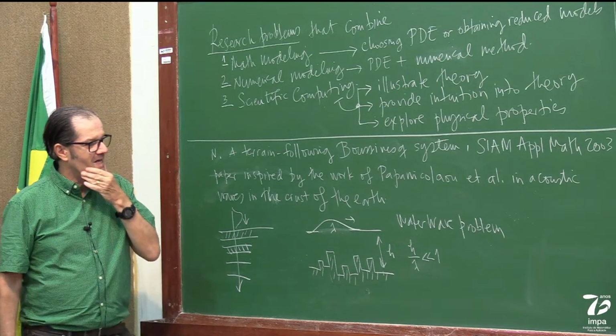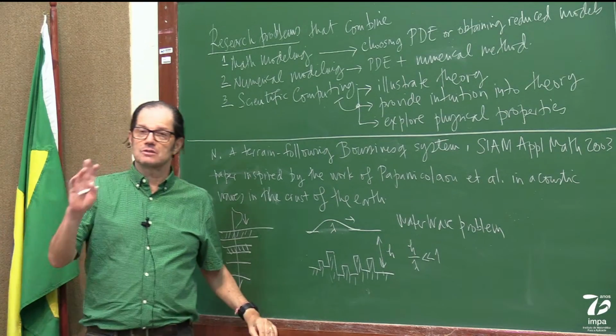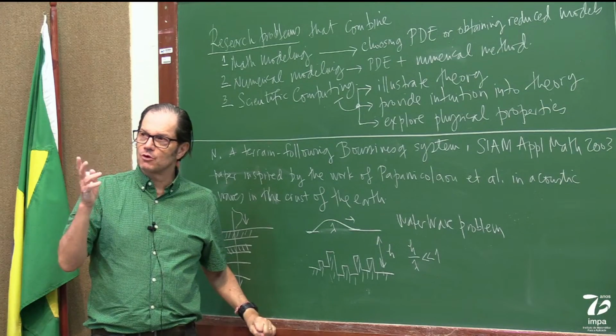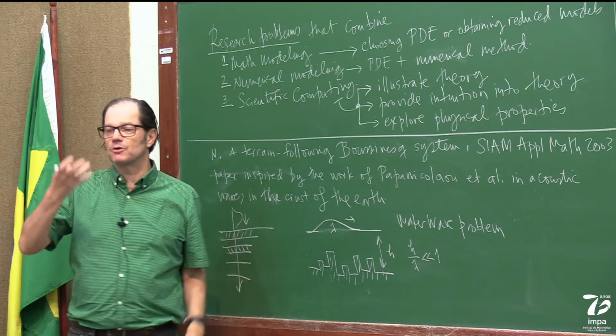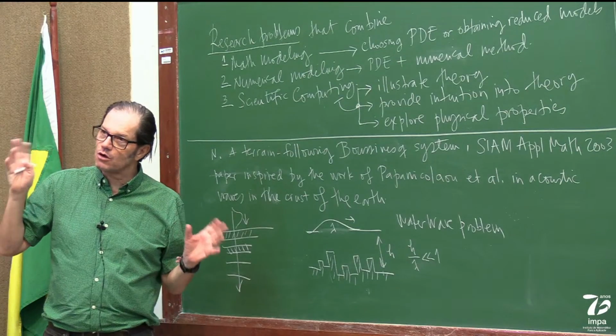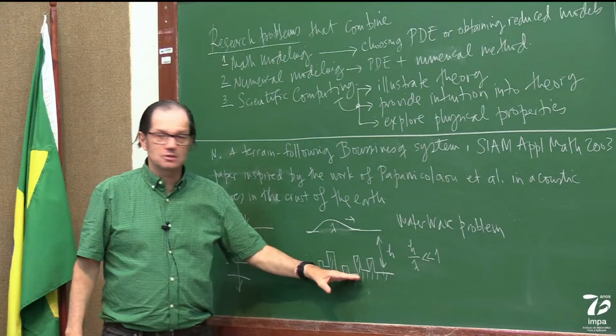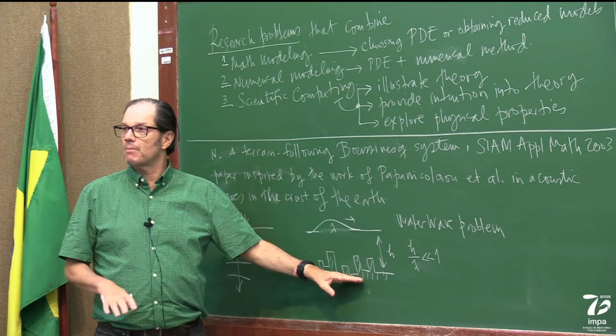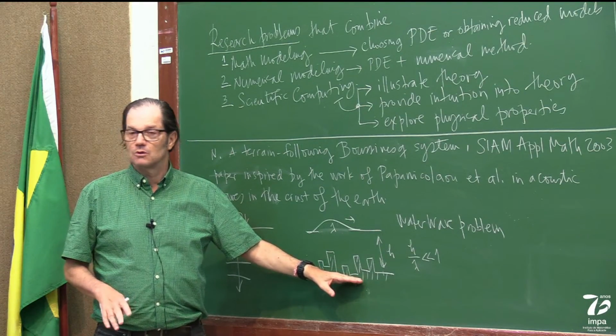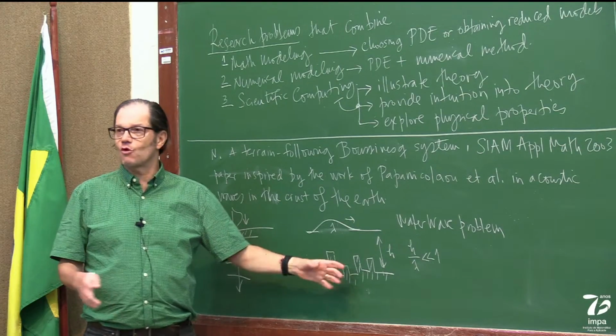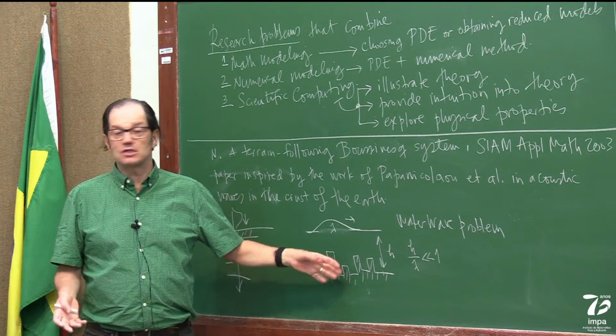Okay? And in some asymptotic theories, before I did this paper, derivations of shallow water models would do expansions, as I'll show you, about the bottom. Well, but if you have corners, you don't even have a continuous function.